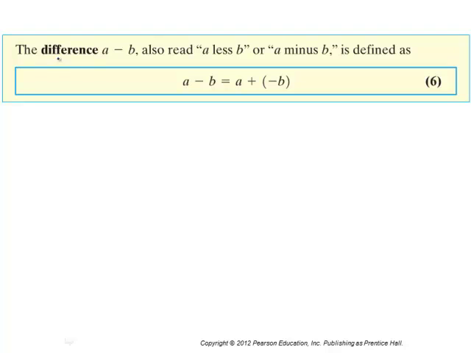Now, when we talk about subtraction, we're saying we're going to take the difference of two numbers. One way that you can think about A minus B is A plus the negative of B. Okay?